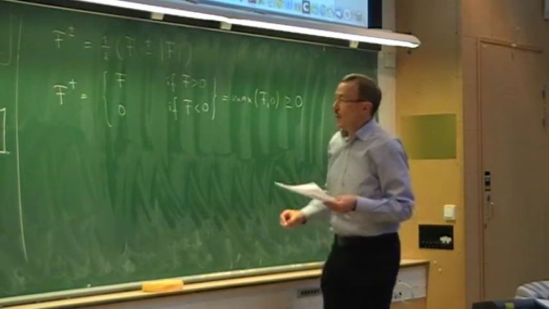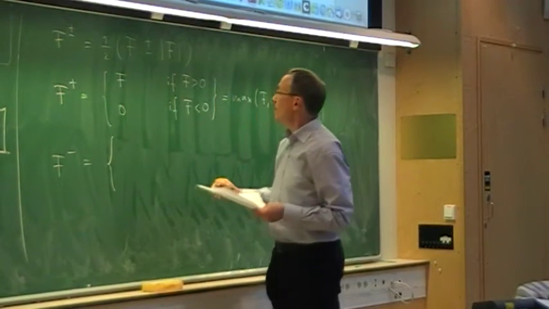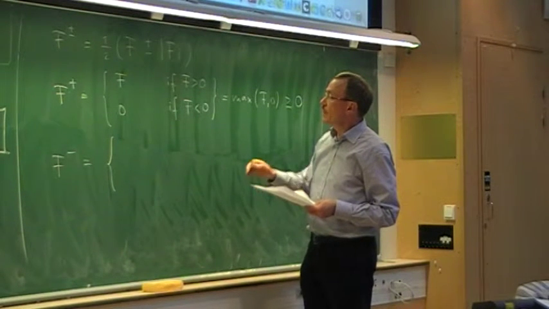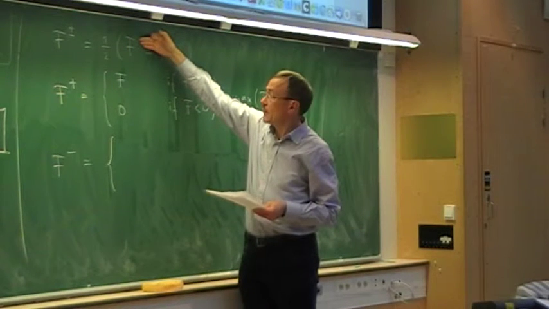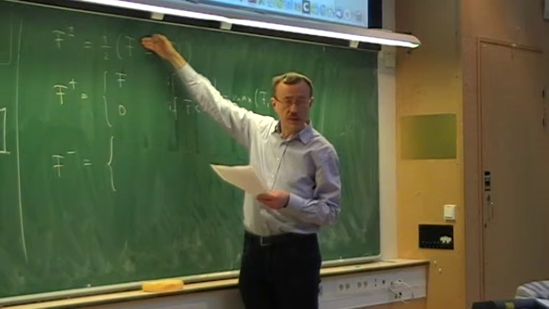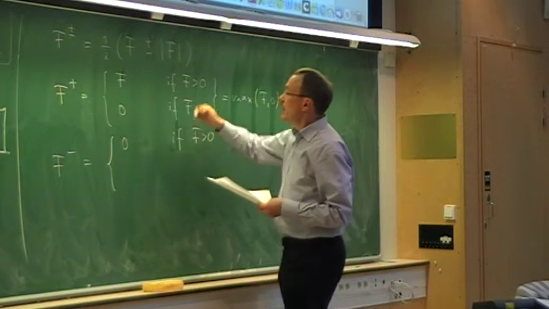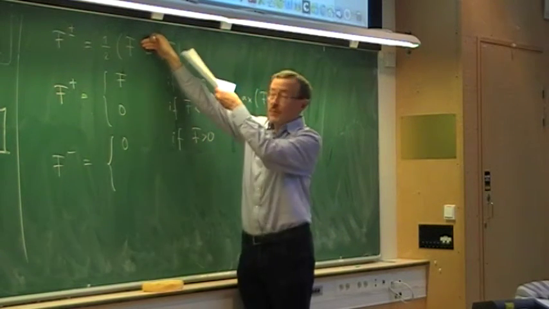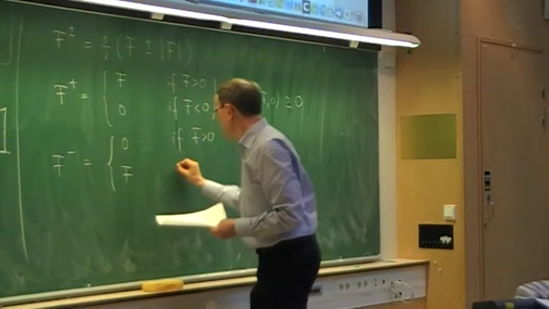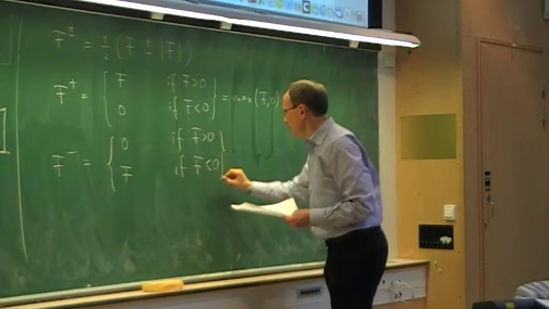Right? The F minus is just the opposite. If F is positive, then now we are discussing the minus here. If F is positive, then we can remove the absolute value. We get F minus F is 0. So that is if F is positive. If F is negative, the absolute value of F is minus F. F minus minus gives plus. So we have F if F is smaller than 0.